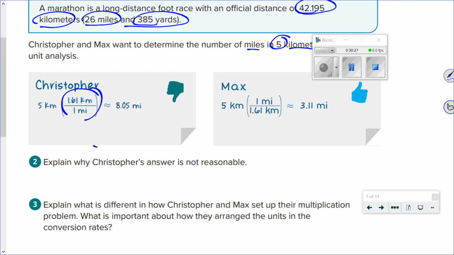Okay, so 1.61, 1 divided by 1 and 61 hundredths.